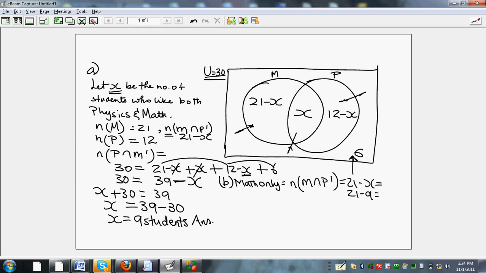And 21 minus 9 would give you that answer, which is 12 students. Okay, so the answer there is 12 students.